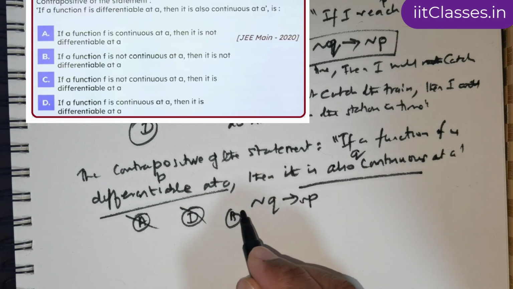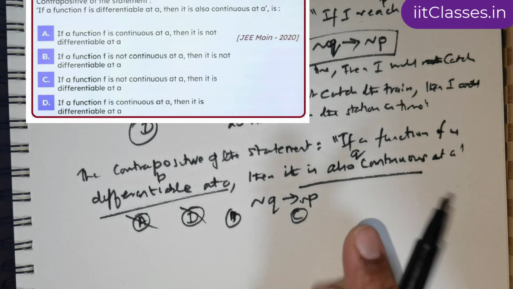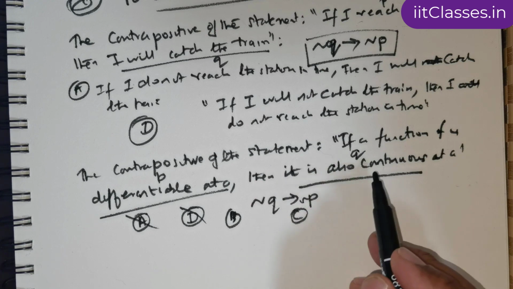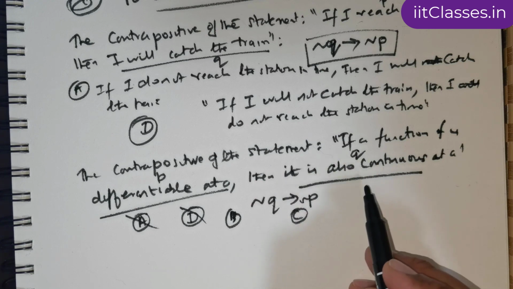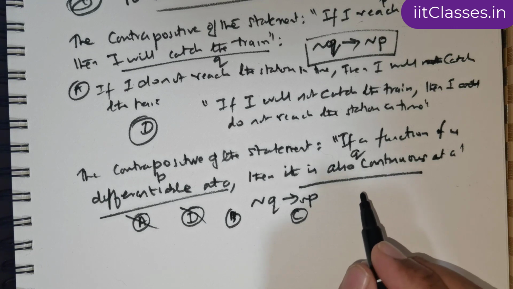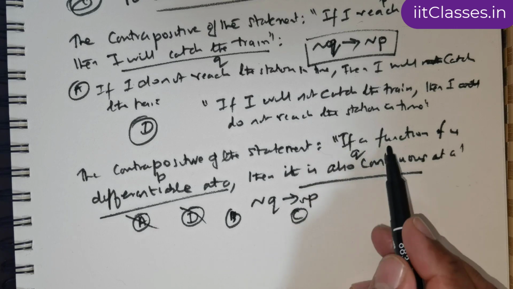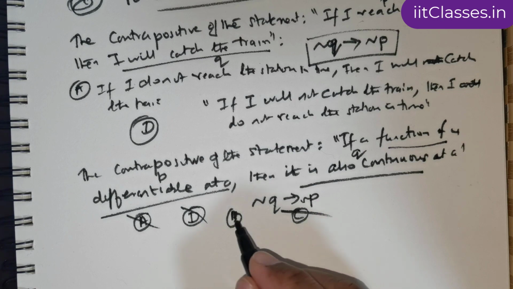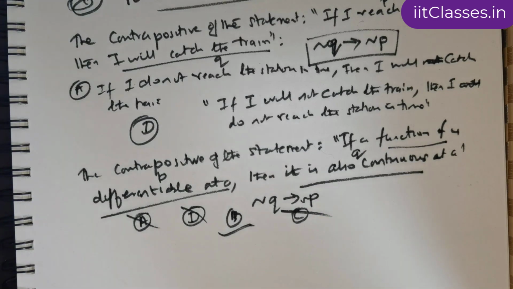So B is going to be the right one. You know why? Because if you were to look at C, just read the statement. If f is not continuous at a, so the first part is correct, but subsequently the latter part states then f is differentiable. But we are not looking at the function being differentiable, we want the negation of the statement, right? So in this case C is also ruled out. So the only correct answer is B.